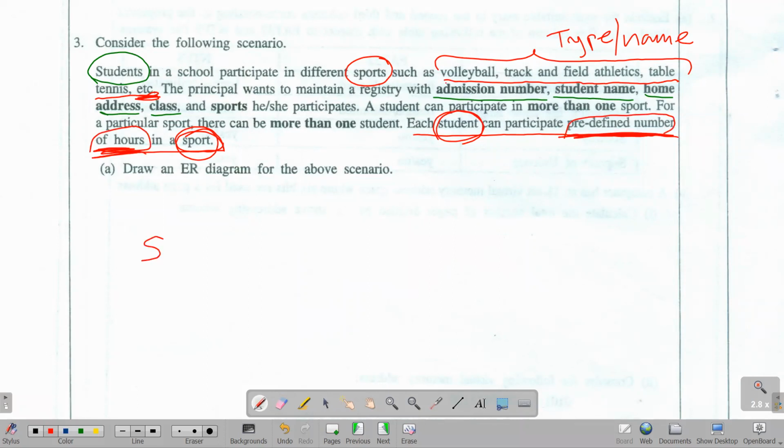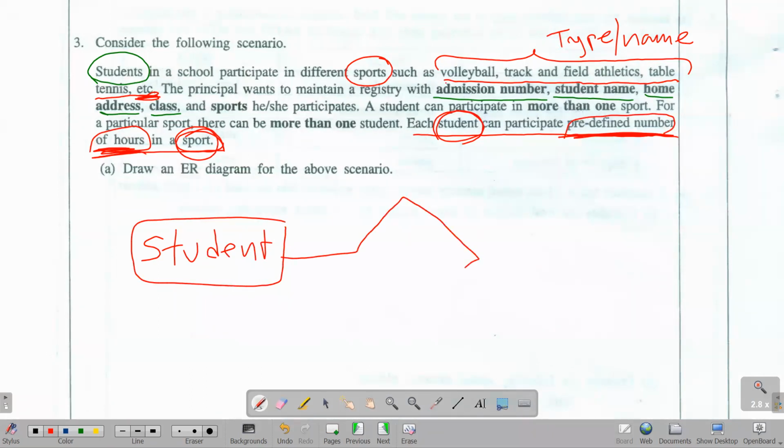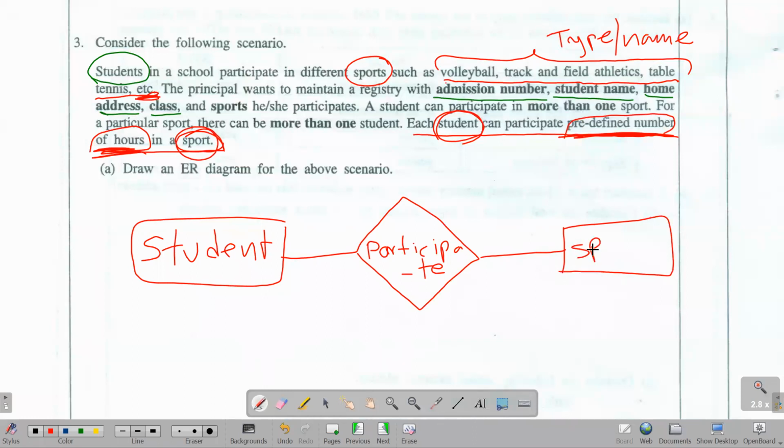So the entity student must be there. This is kind of participate. And then sport, right?